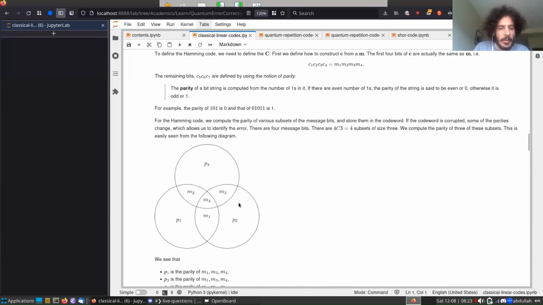We said that the checks that Bob does is that he computes the parities of these message bits again, and compares them with what Alice said.